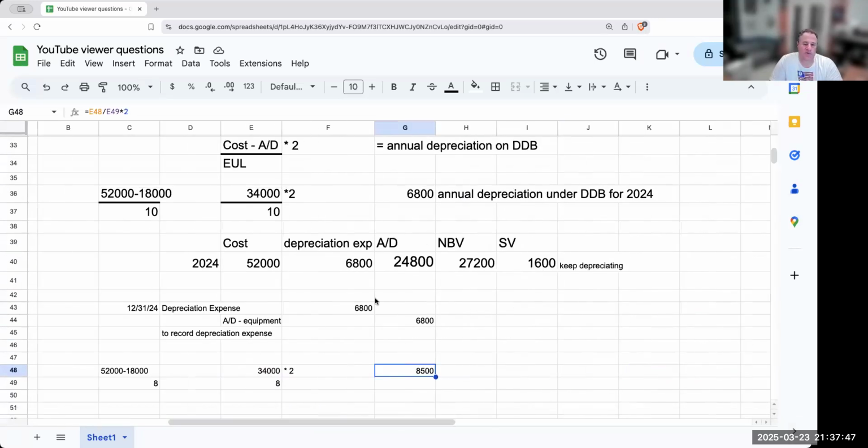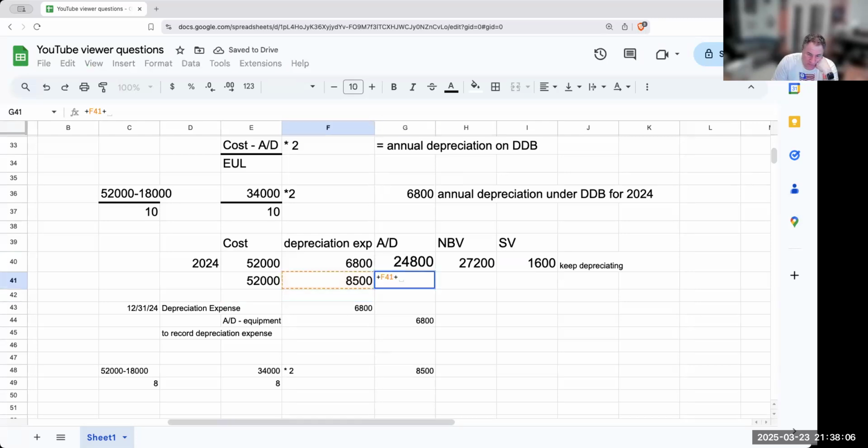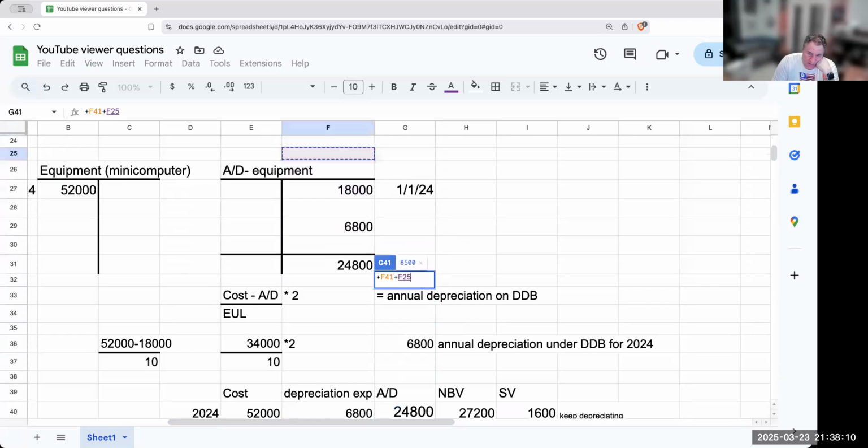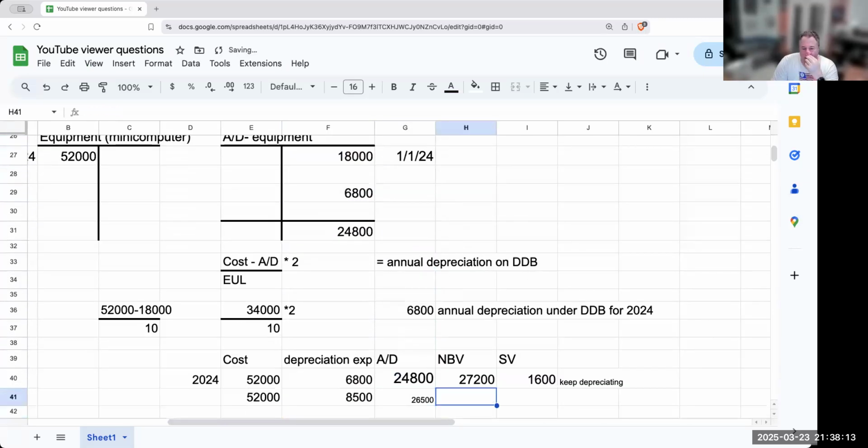But even if I used 8,500, I'm going to be okay because my net book value is still greater than my salvage value. Even if this was 8,500 plus 18,000, your net book value is still 25,500, which is greater than the salvage value.